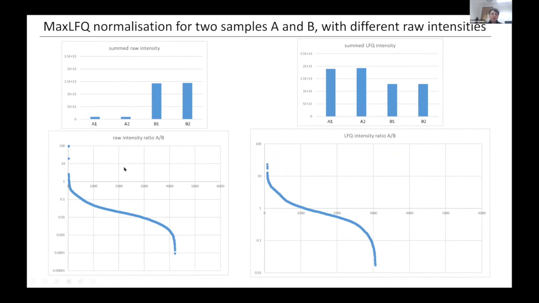And we can now plot all of the protein ratios of all of the proteins across samples A to B, and we get a curve that looks like this, where we've got the upregulated proteins up here and the downregulated proteins below here, and then in between a lot of proteins that change only to a much smaller degree. And essentially what the LFQ algorithm now does is it shifts that whole distribution, so leading to a constant ratio for this distribution of data in the middle, where there's relatively little change.